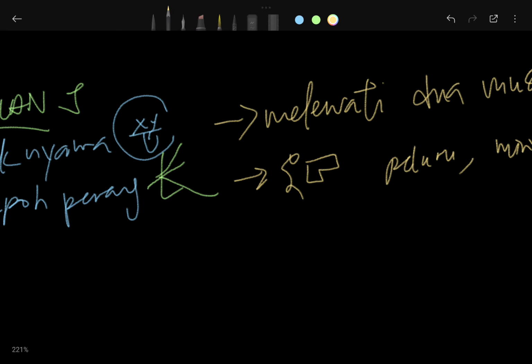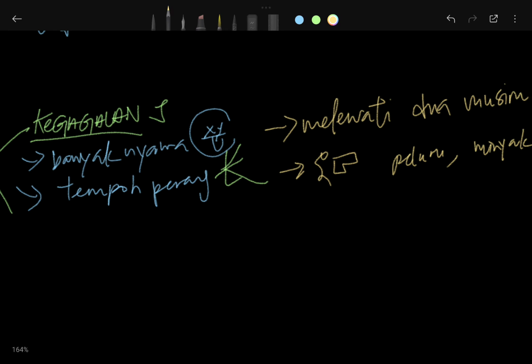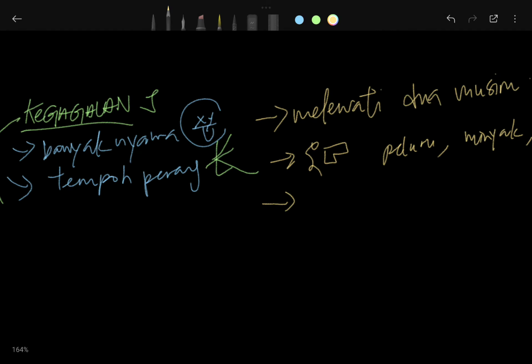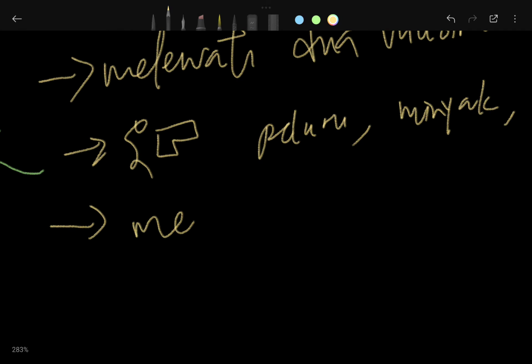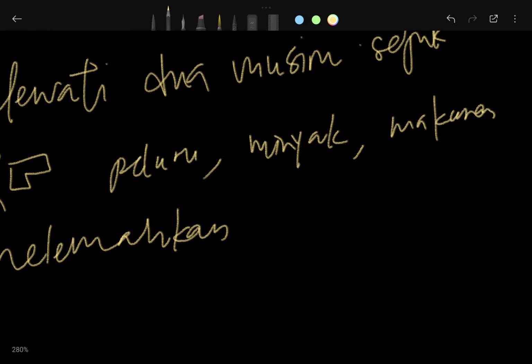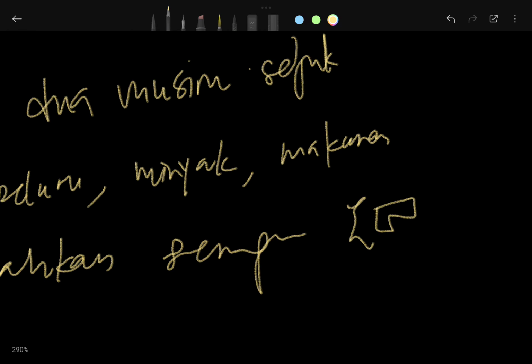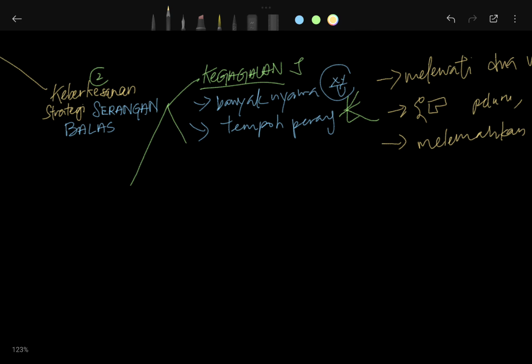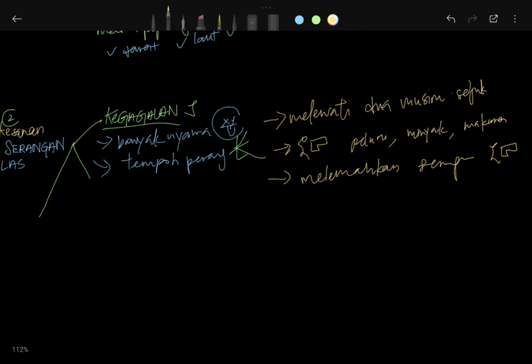Akhirnya melemahkan semangat tenteranya. Because of the horrible situations they were in, this weakened the energy, the force, the support of the people, semangat of their soldiers. Then your general German, Friedrich von Paulus.